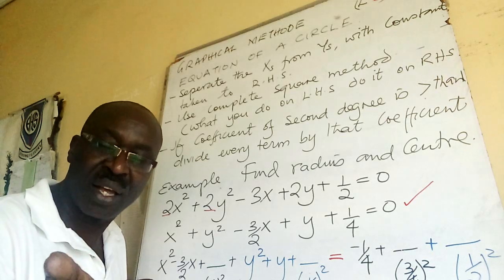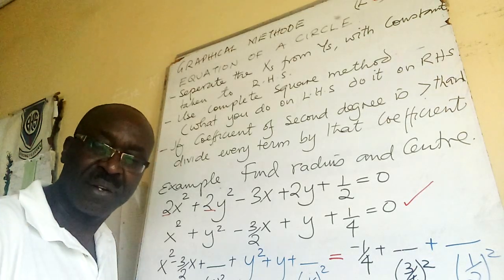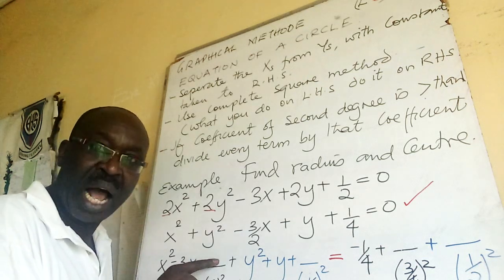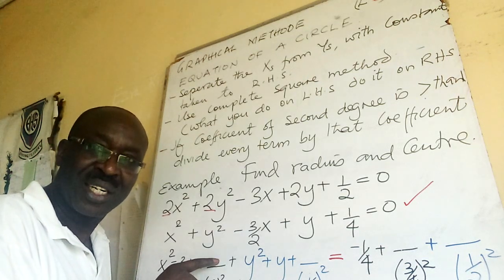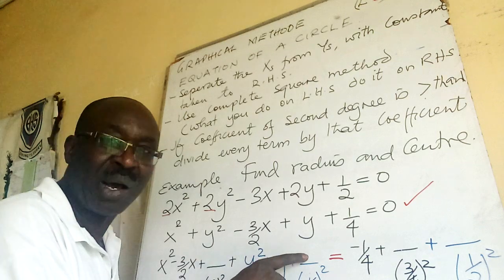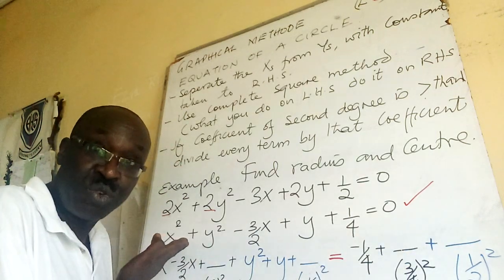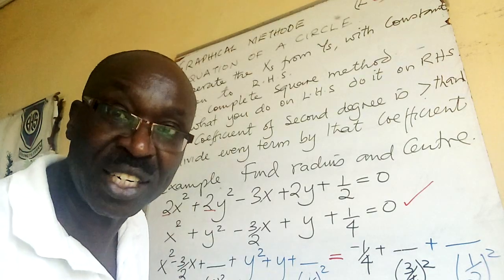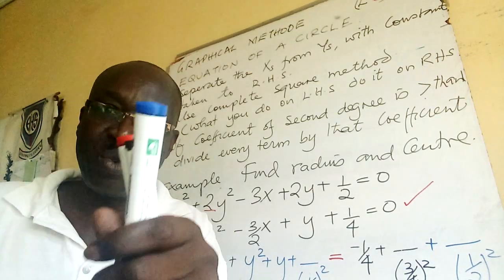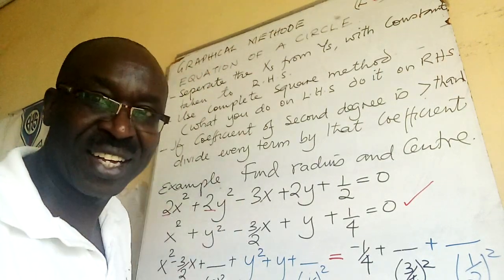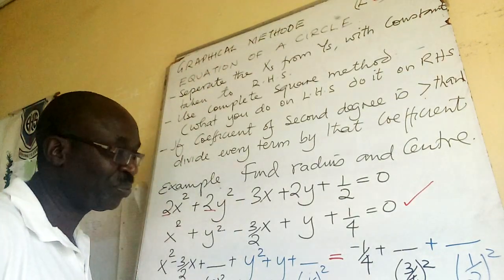That is the trick. Now, this is a black dash. And this is a blue dash. I've maintained them. Why? Whatever you do to the left-hand side, you do to the right-hand side. Whatever you do to the numerator, you do to the denominator. That is how it is.